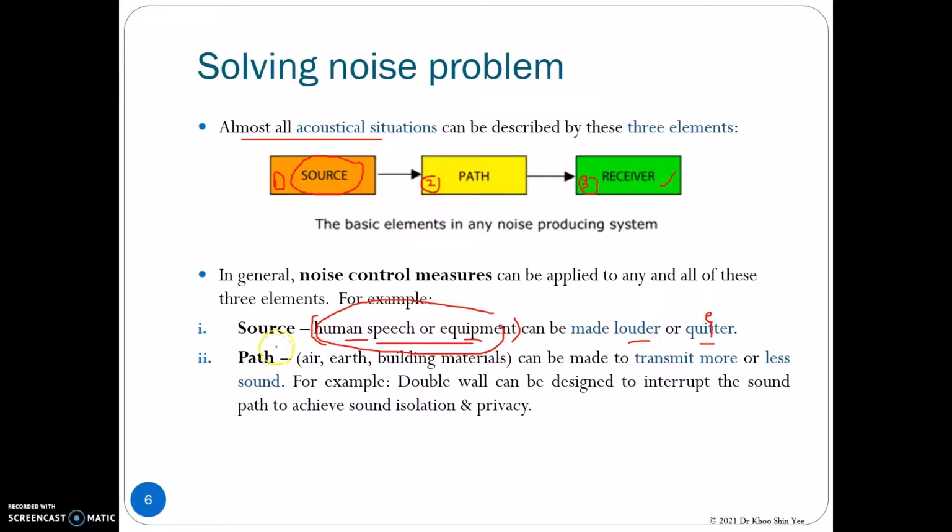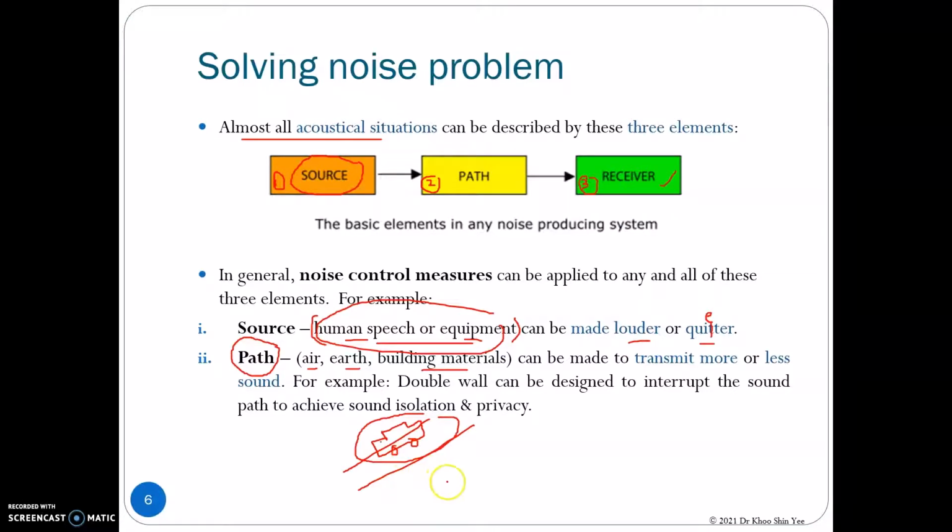We can also control the noise through the transmission path. For example, we know the noise can be transmitted through the air, earth, or building material. Imagine there is traffic noise where it is difficult for us to remove the noise source.